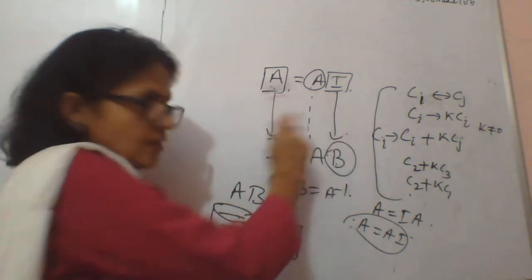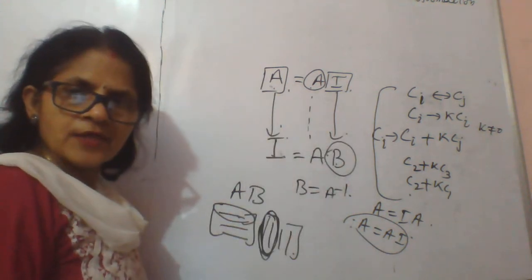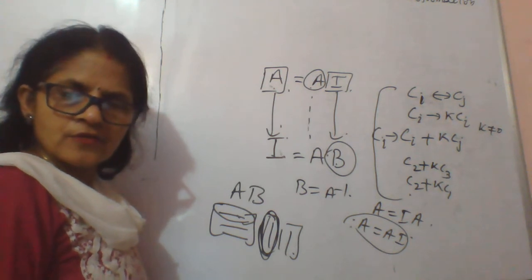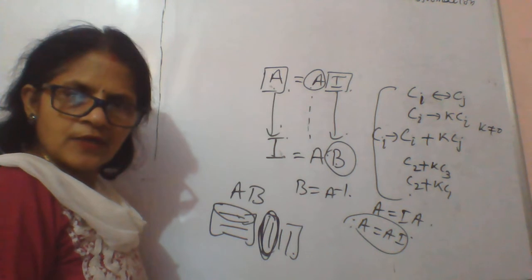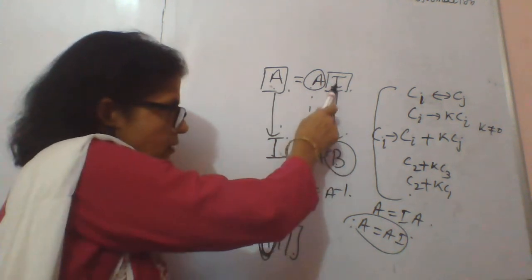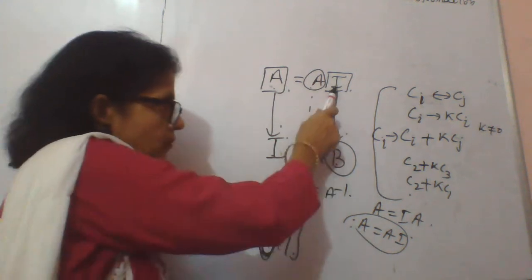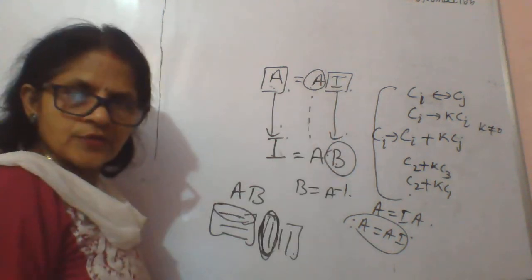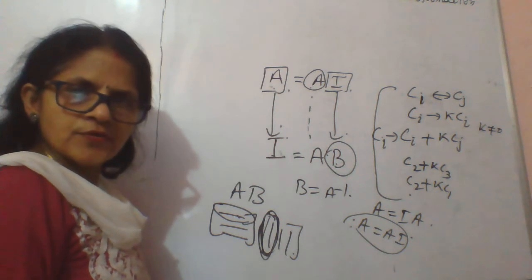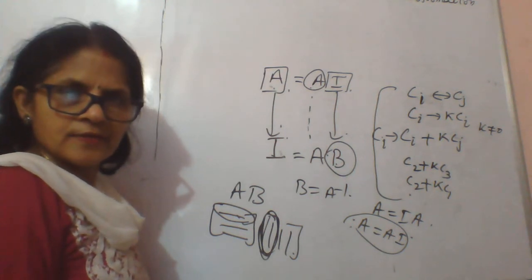So in this case we are applying column transformation. It means we are supposed to use only columns. So we have to look at the second matrix. I being in the second position, in the post factor position, will allow us to use the columns of that matrix.